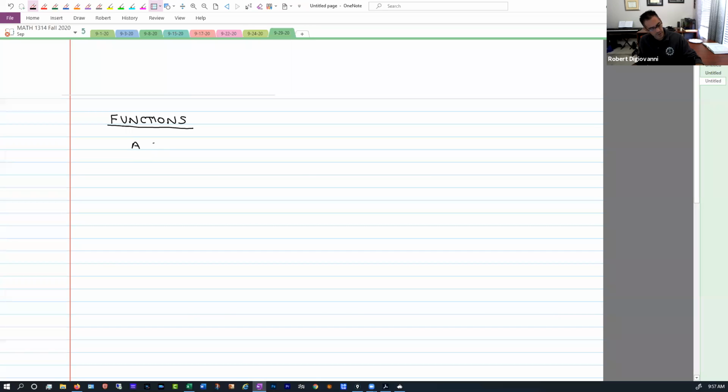Okay, a function is a rule that assigns a value to a given input.